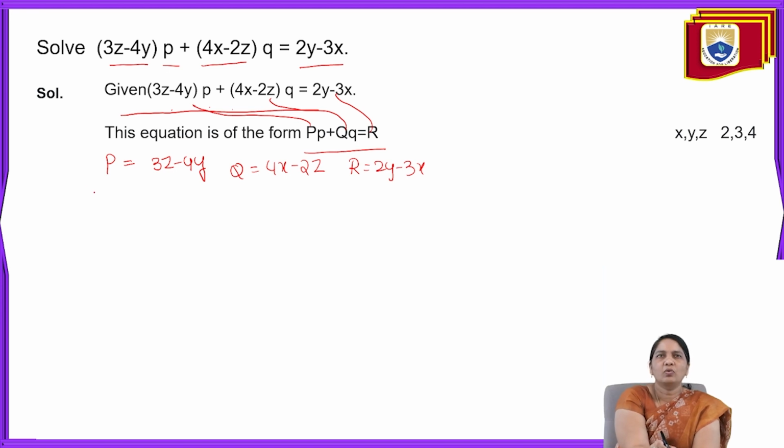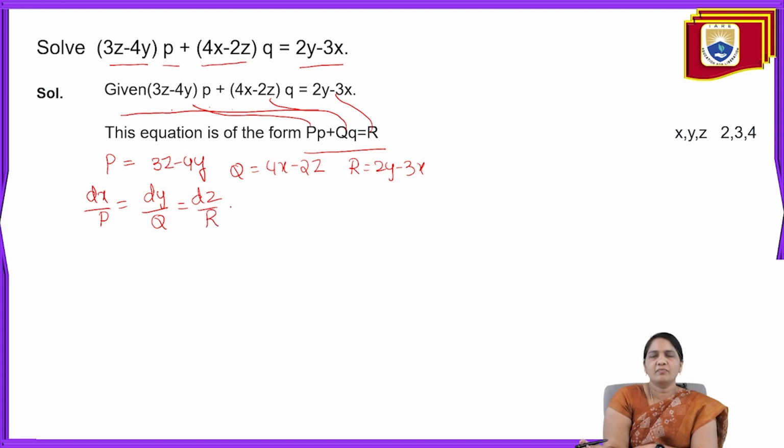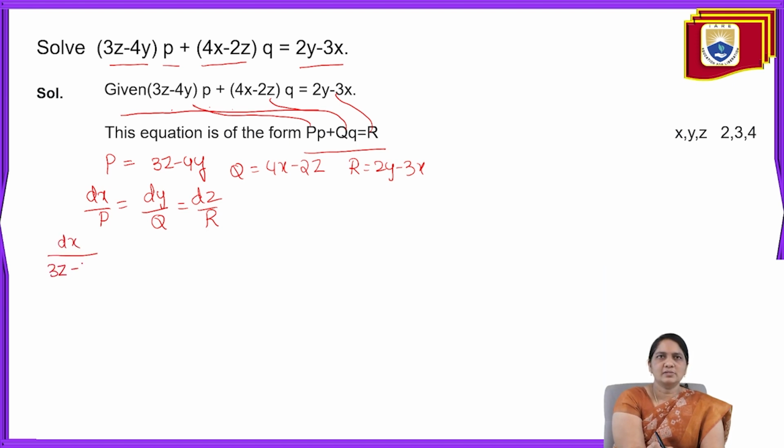Now we write the auxiliary equation, that is dx by P equal to dy by Q equal to dz by R. We replace P, Q and R here. So dx by (3z minus 4y) equals dy by (4x minus 2z) equals dz by (2y minus 3x).